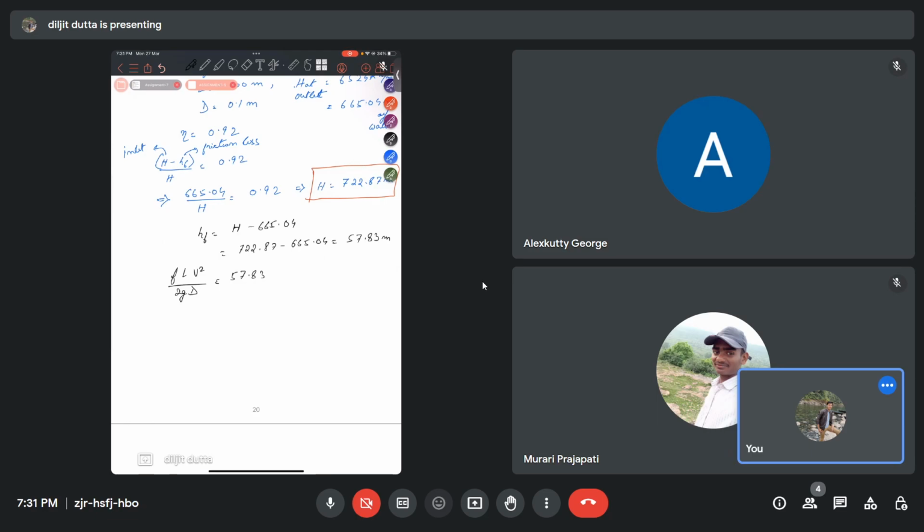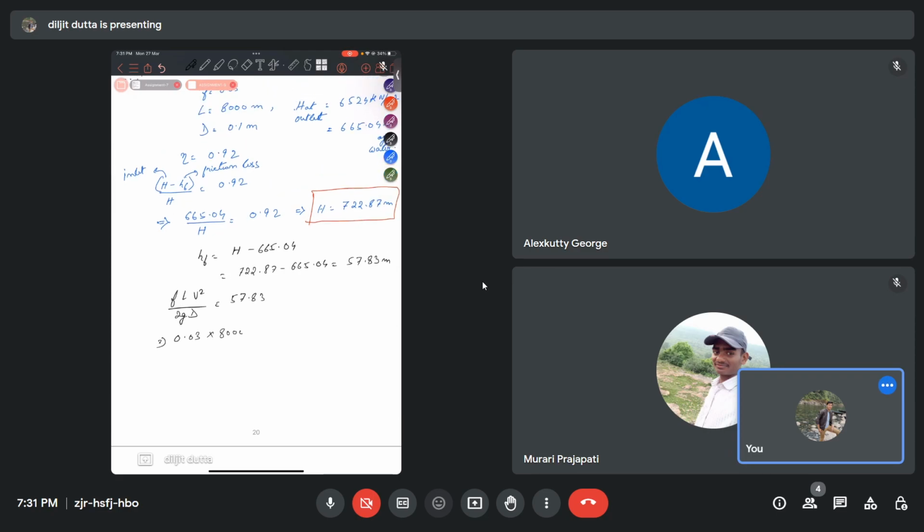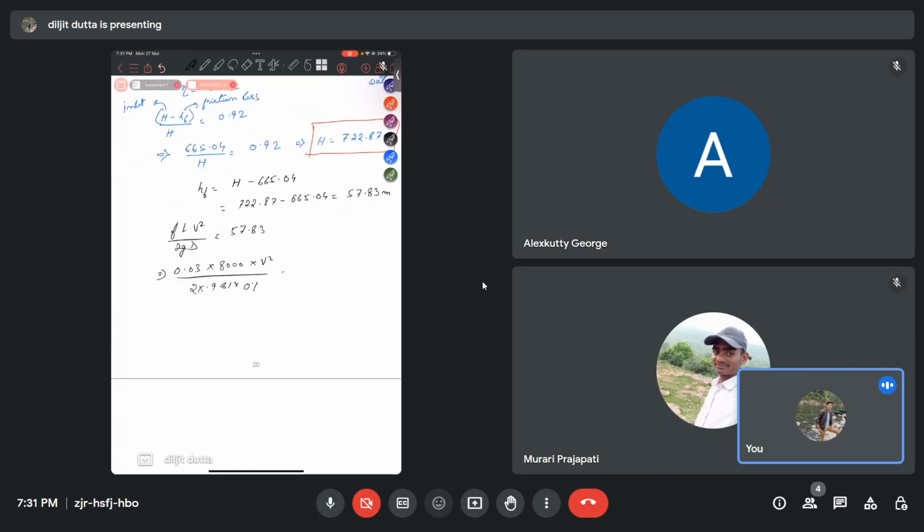Let us substitute. F is equal to 0.03, L is given as 8000, into V you have to find out, divided by 2 into 9.81 into diameter 0.1, is equal to 57.8. From this we obtain V as 0.68 meter per second.